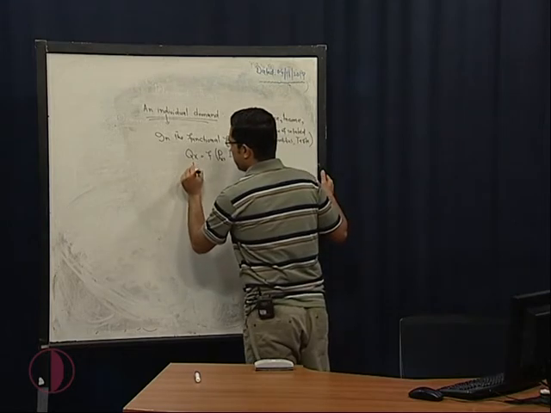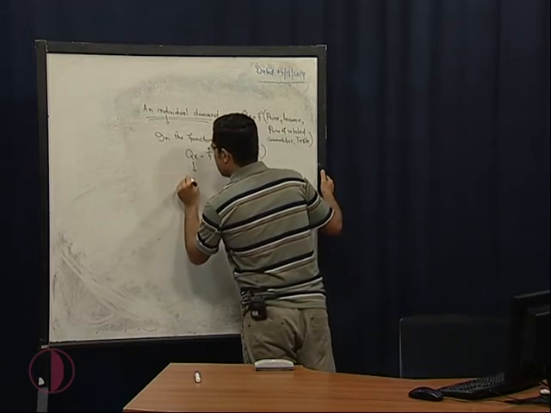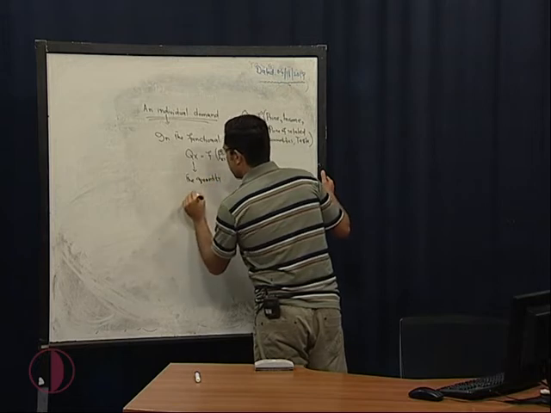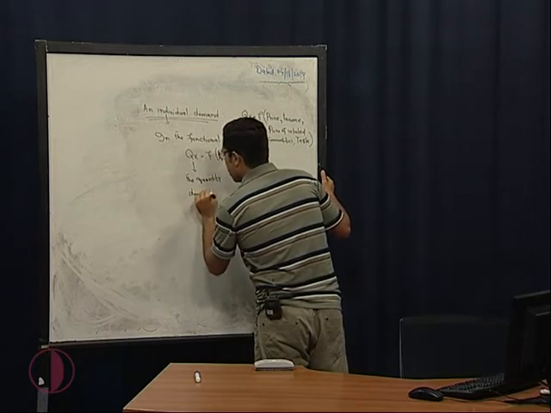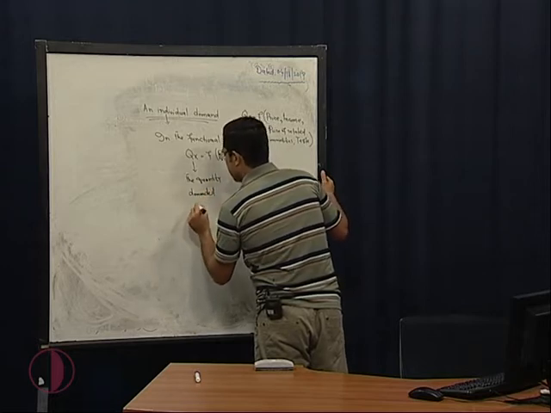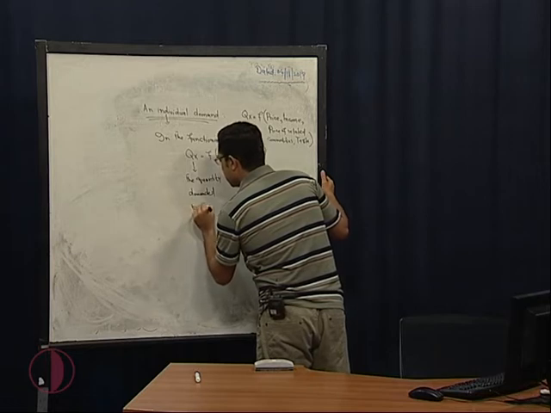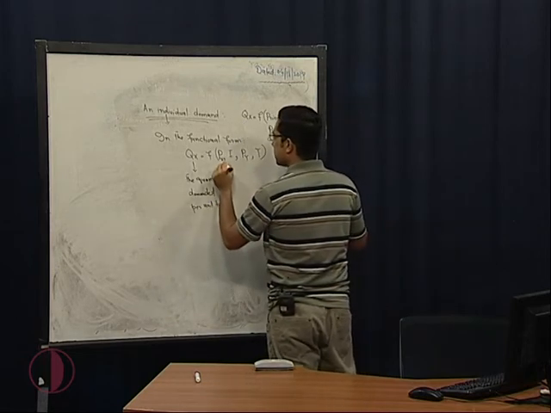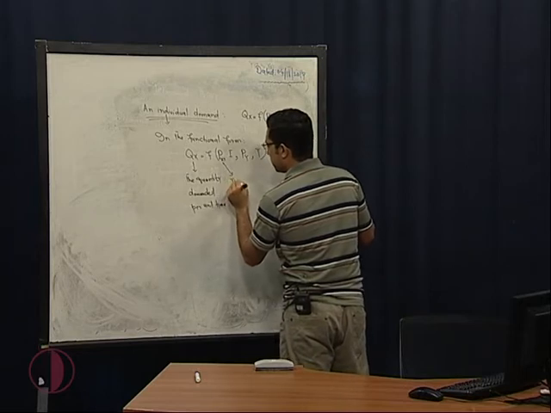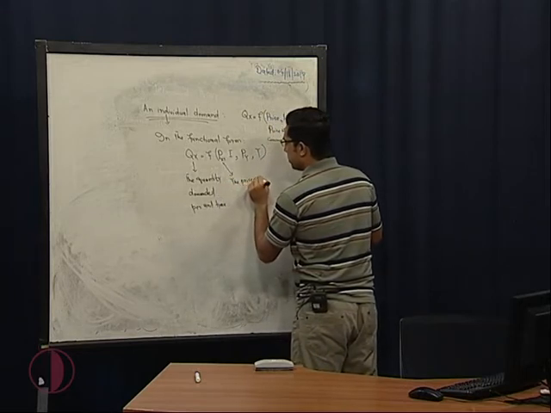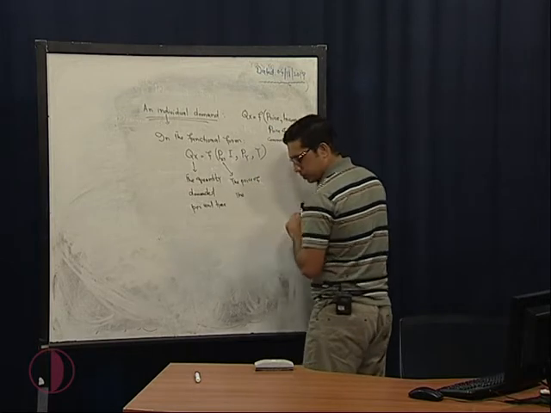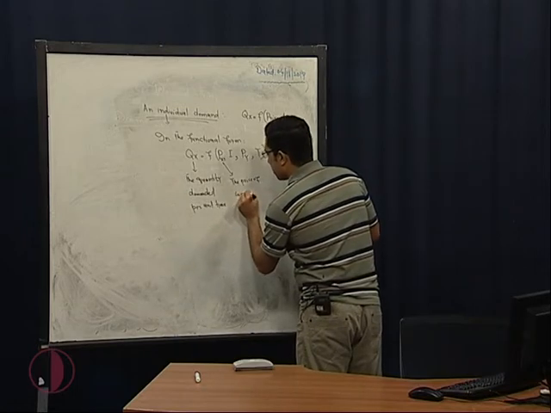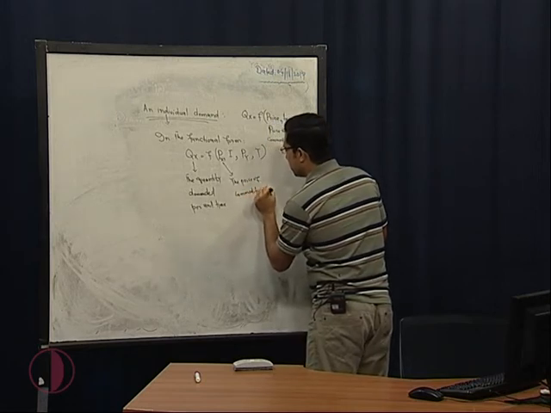Qx is known as the quantity demanded per unit time. Px is the price of commodity X.